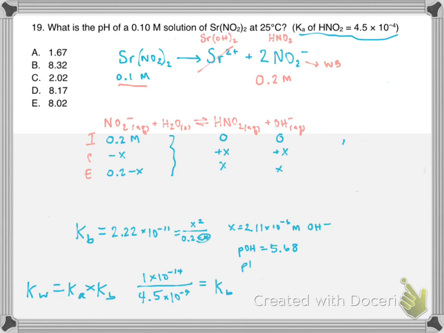So our pH is going to be 14 minus that, which is 8.32. And this makes sense because we started with a basic salt, so it should be greater than 7. That corresponds to answer choice B.